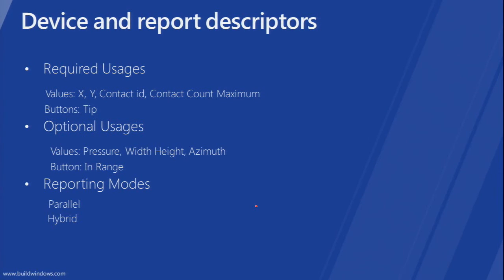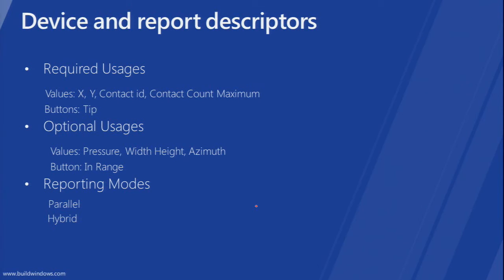In reporting data, we have two different reporting modes: the parallel mode and the hybrid mode. The parallel mode allows a device to deliver all the contacts it has in one frame within one report. A hybrid reporting mode is a little different.